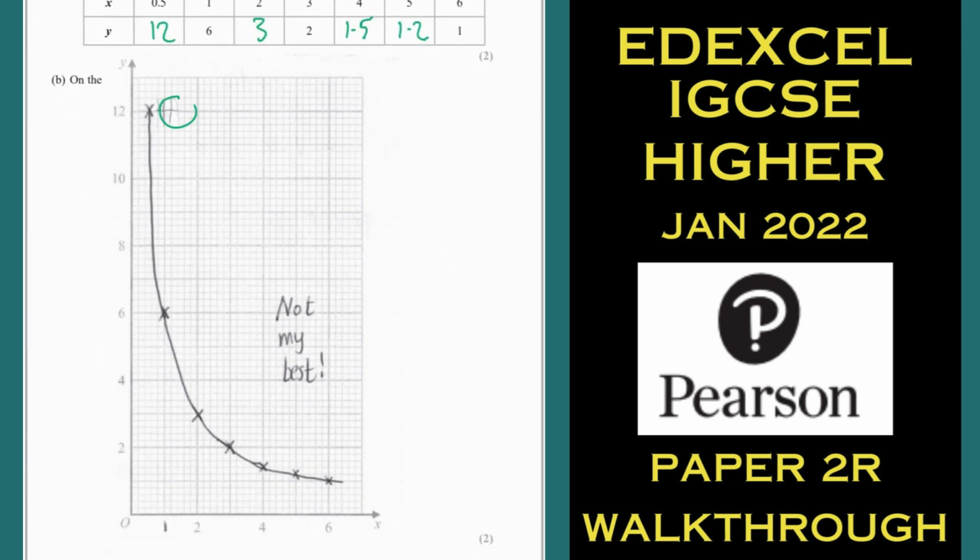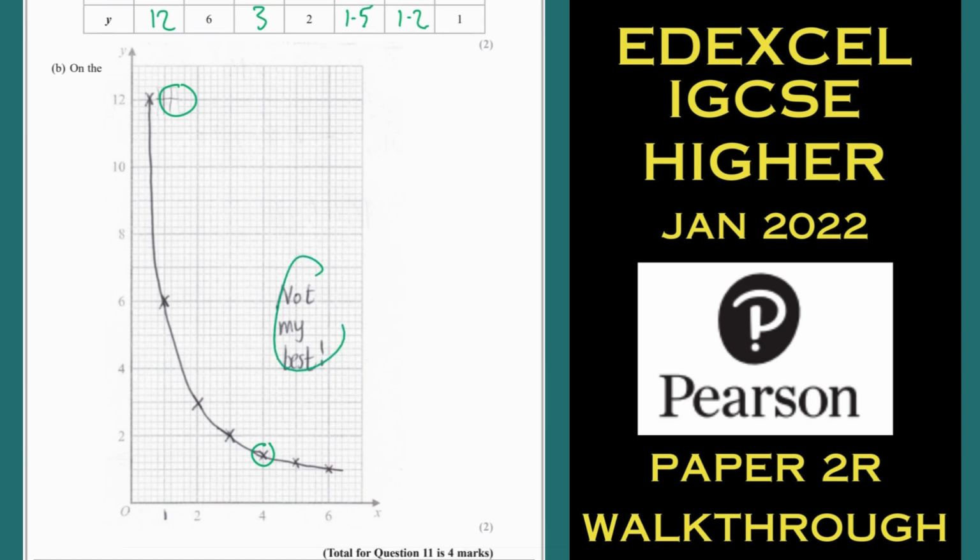Yeah, I did indeed put that first mark in the wrong place, but who cares? I got there in the end. Plot all those coordinates, and please make sure yours is better than mine. I had a wobble, and yeah, I do it in Biro straight away so it shows up when I scan it. It's not my worst effort, but it's certainly not my best.